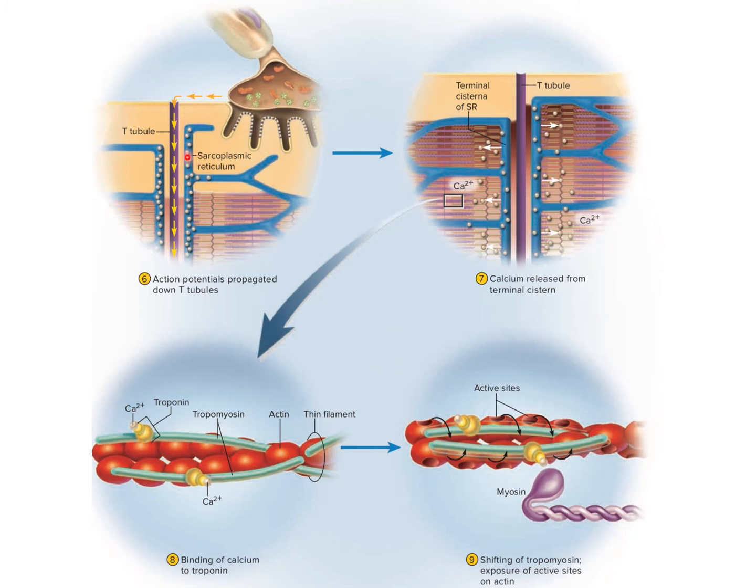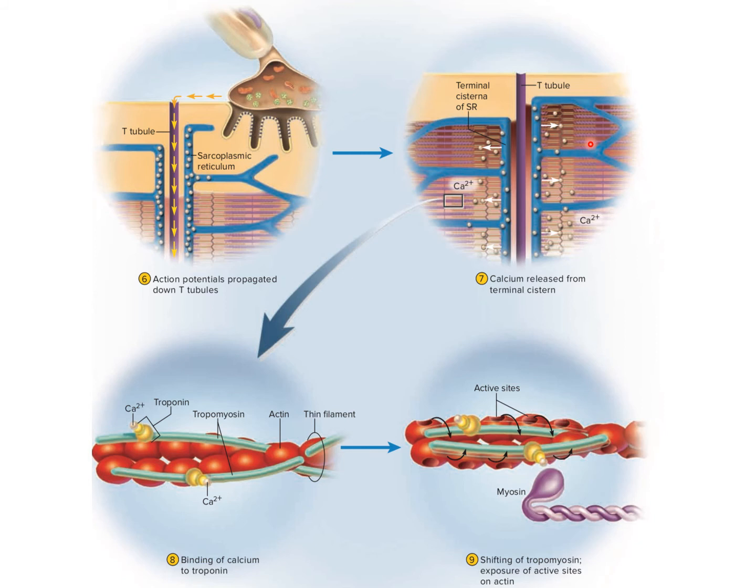Now, this action potential is going to travel all throughout the membrane of the muscle and also down the T tubules, which are invaginations of the membrane inside the cell. And once these action potentials go, they are going to induce the release of calcium from the terminal cisternae of the smooth endoplasmic reticulum, or the sarcoplasmic reticulum, as it's called in the skeletal muscle.